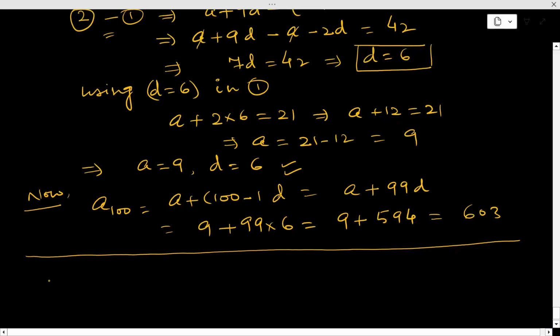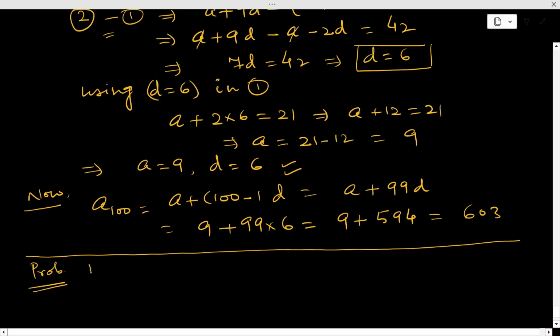So this is the application of our formula of the general term. Next we have another problem. Basically I am discussing the different types of problems that can be formed on the same formula.